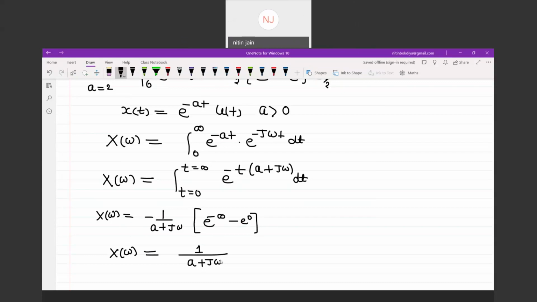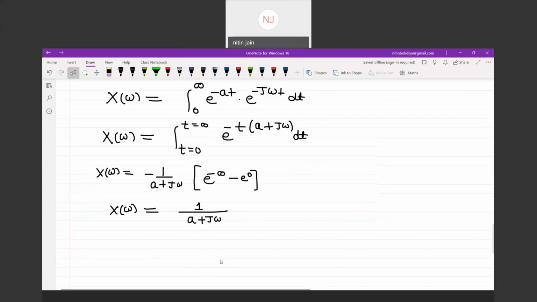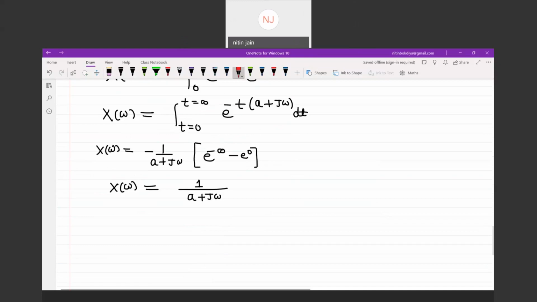And if this is so, I can draw its spectrum also. I can draw the magnitude of x of omega, which is given by 1 divided by the square root of a squared plus omega squared. For a plus j b, the magnitude is the square root of the real part squared plus the imaginary part squared.